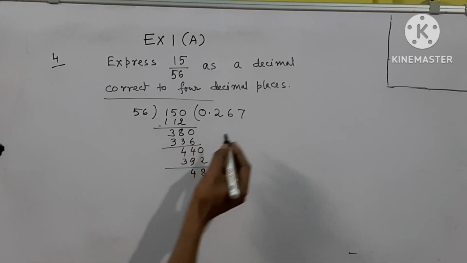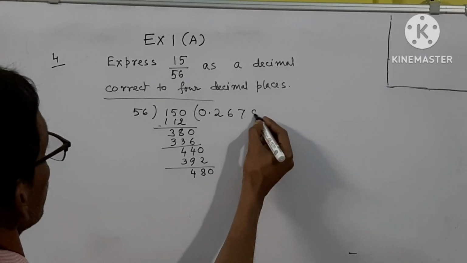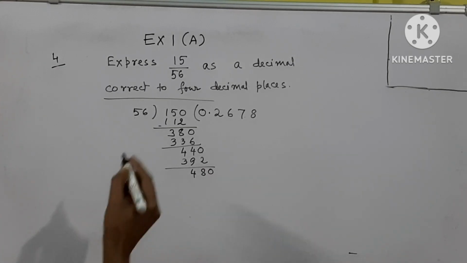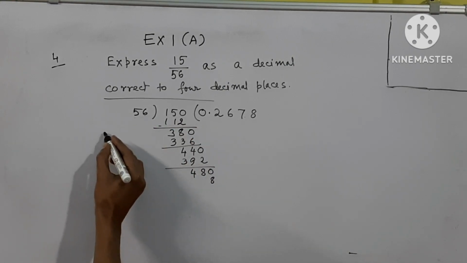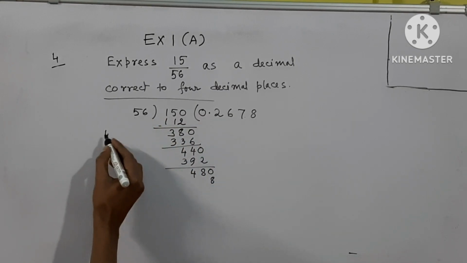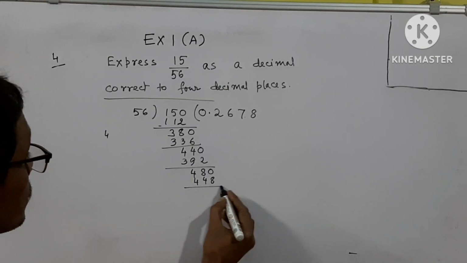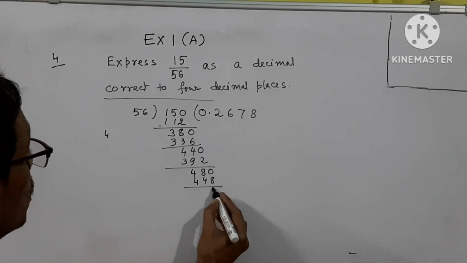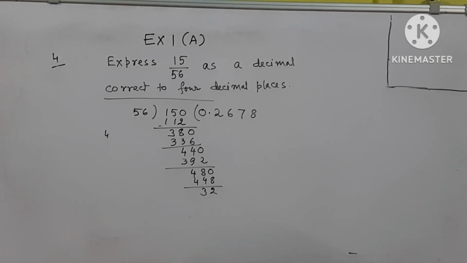Then you can try with 8. 6 8s are 48. 5 8s are 40. 40 plus 4, 44. 2 and carry 1, 5 is 32.